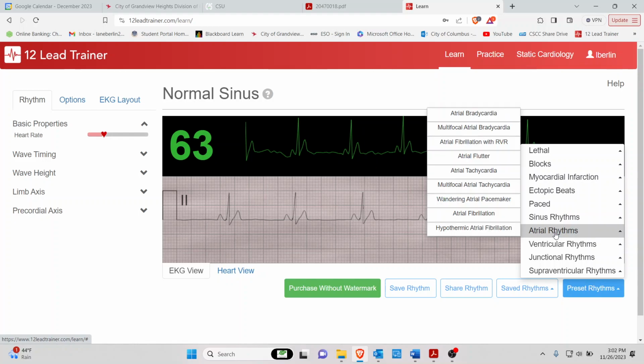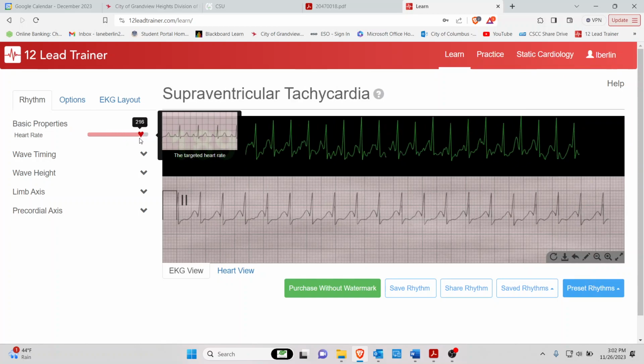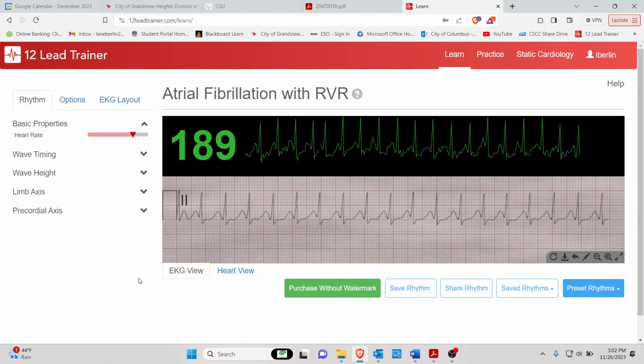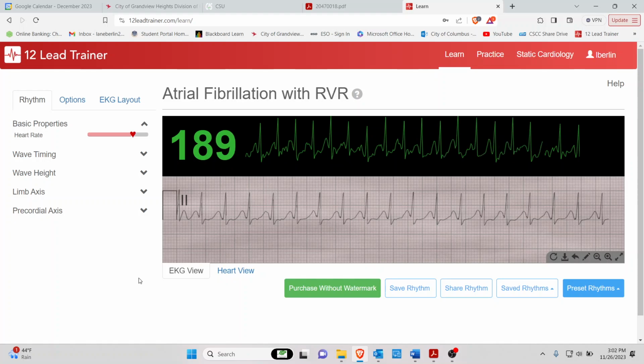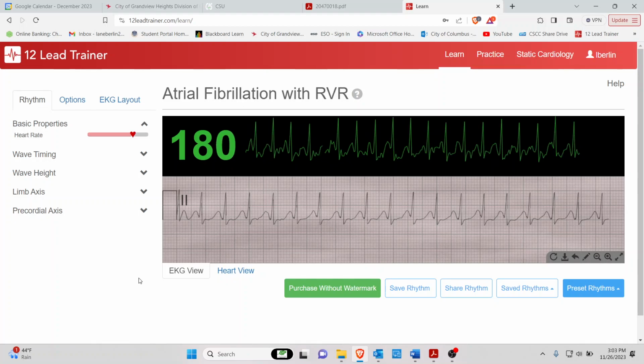Let's throw an AFib on here. Okay, let's ratchet up that rate. So you notice that AFib, one of the common descriptions of the regularity is that it's irregularly irregular. Well, if you're looking at this running EKG rhythm here, I can't decipher any irregularity in that because it's beating so very fast.